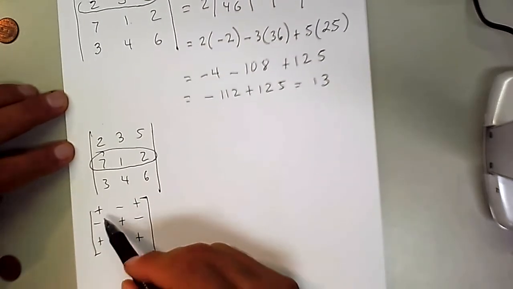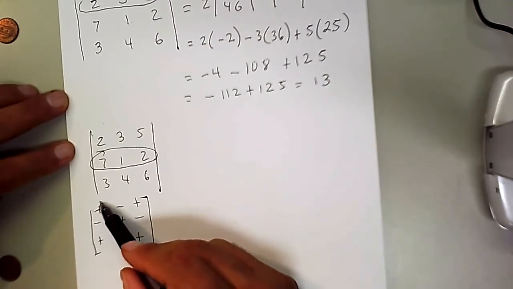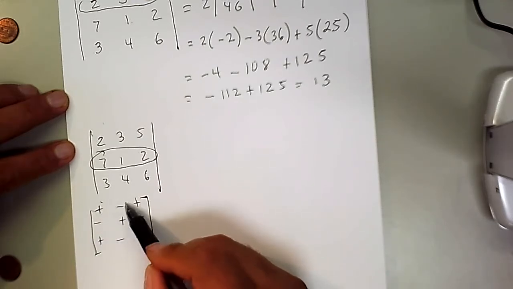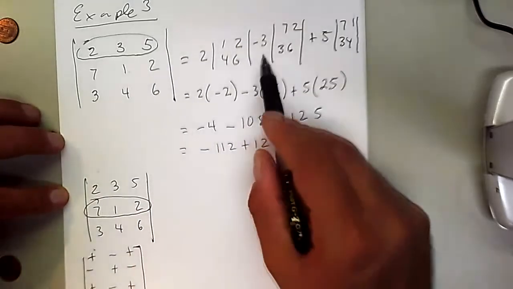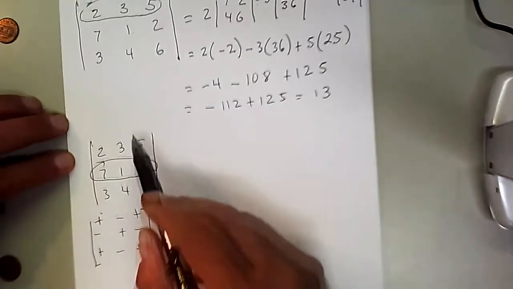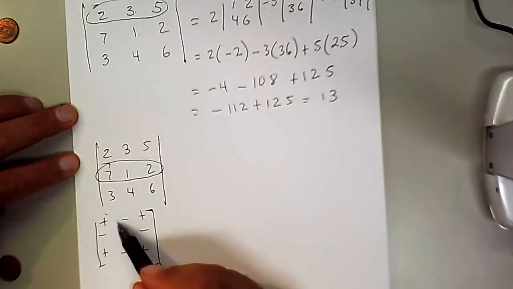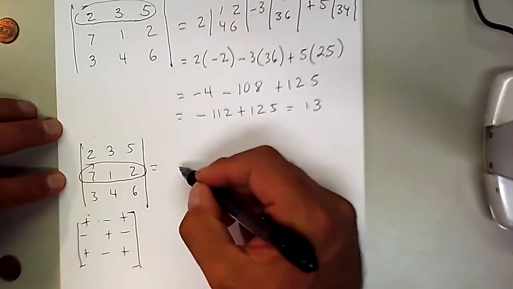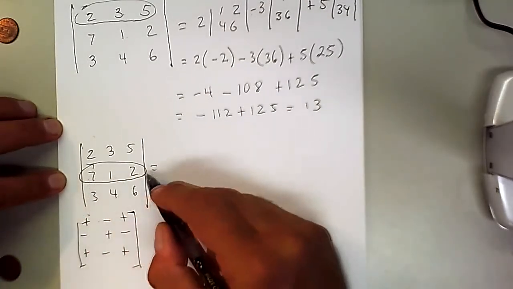So if you are using an element in this position, use the plus. If you're using an element in this position, minus, an element in this position, minus. That's why here in front of the 3, we have a minus, because the 3 is in this position, so we use a minus. Now I'm going to develop the determinant using this row.